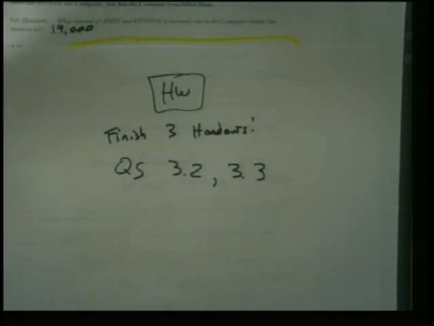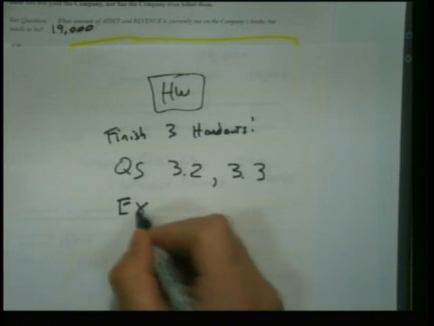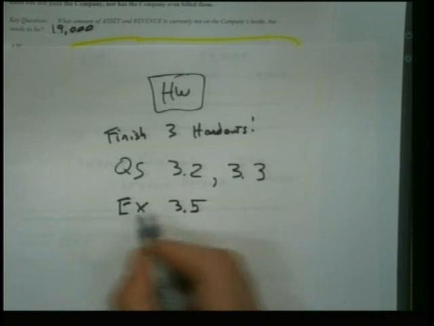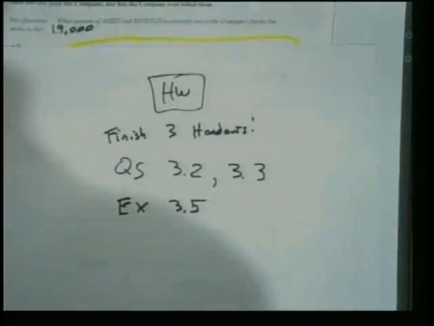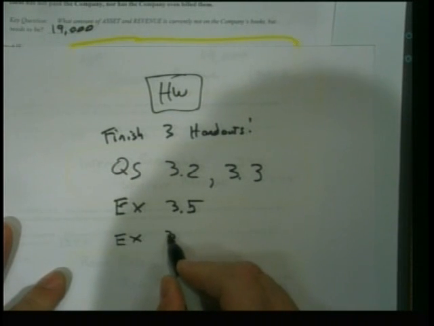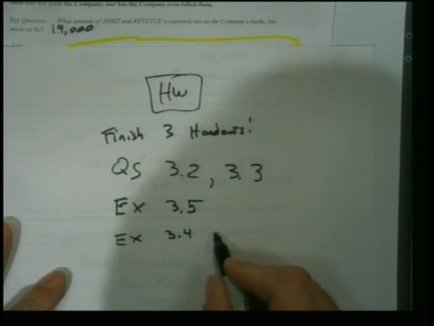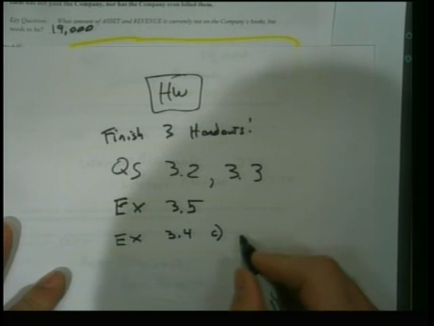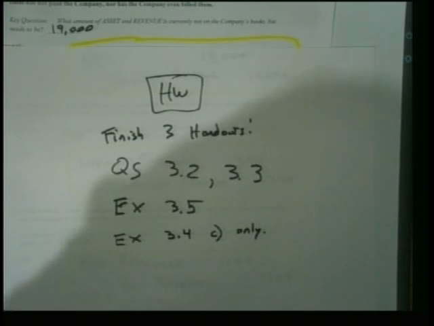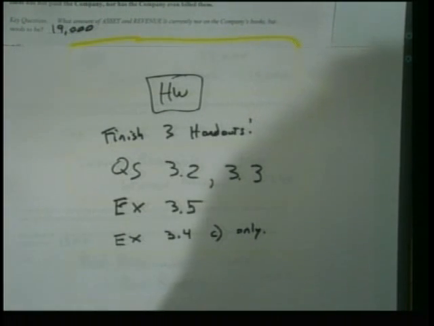I want you to do exercise 3.5. And then I want you to do exercise 3.4, but I only want you to do C. Okay? Exercise 3.4, C only.